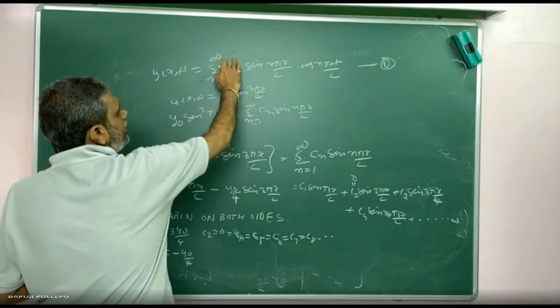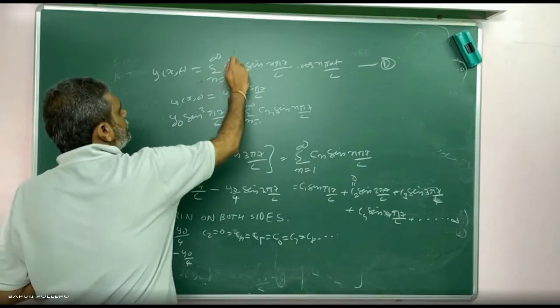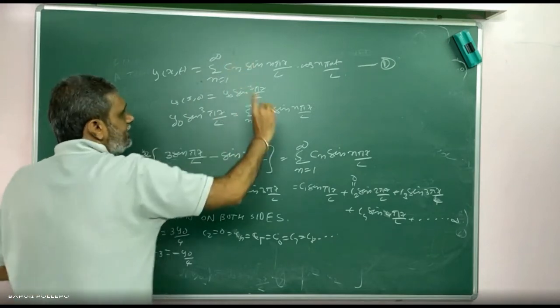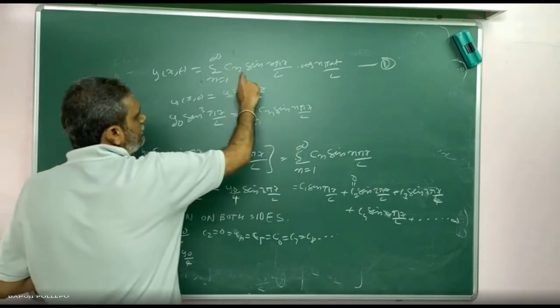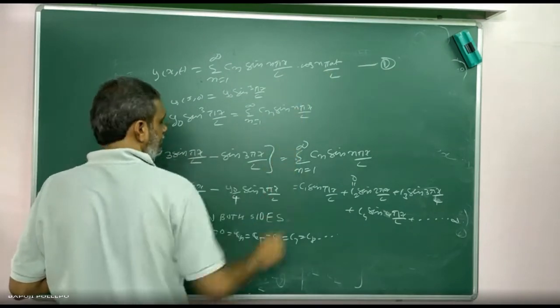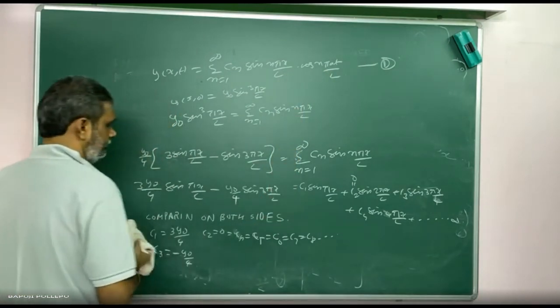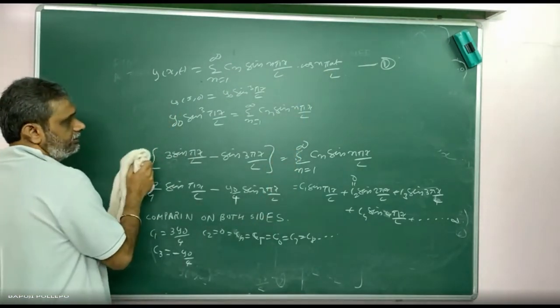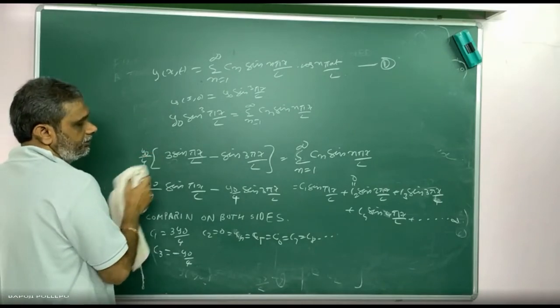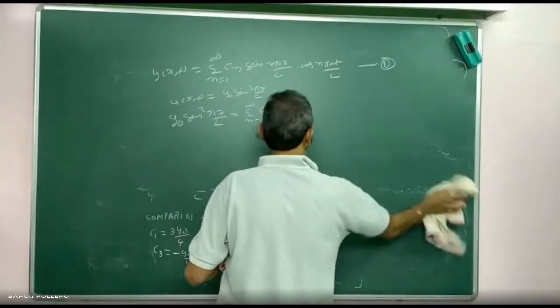But Cn is not an infinite series, only C1 and C3 stand. So the solution is C1 into this term plus C3 into that term. Clear?